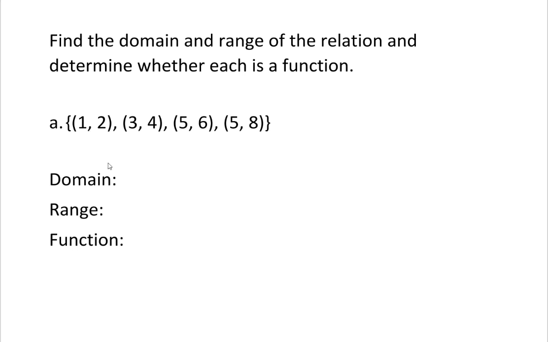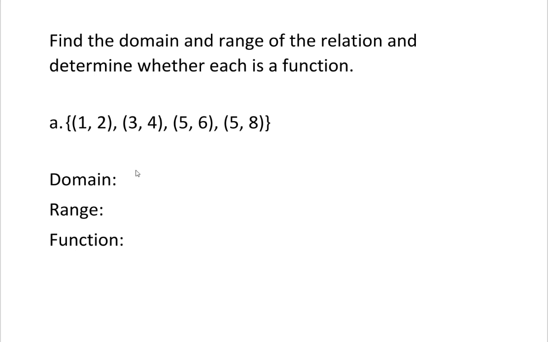So anytime we write a set, which could be the domain, the range, or the relation, we're going to enclose it in those curly brackets. We don't use parentheses because if we were enclosing just two numbers in parentheses, that would look like an ordered pair. And so we want to differentiate between an ordered pair and a set of numbers.